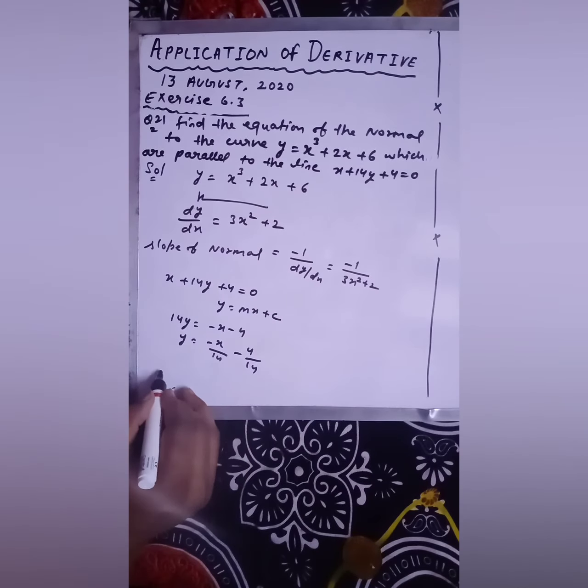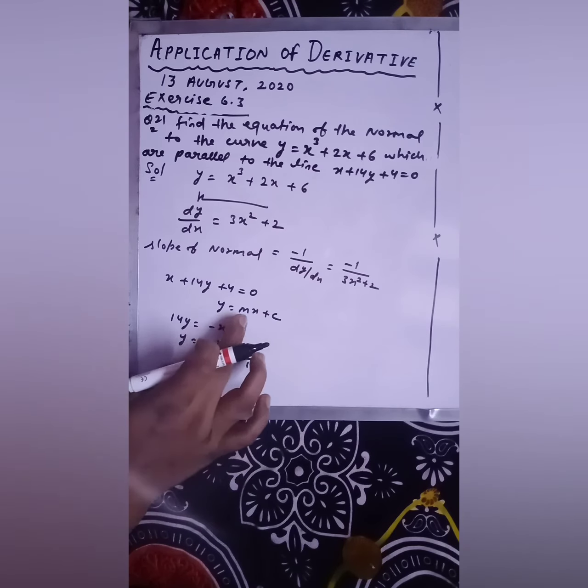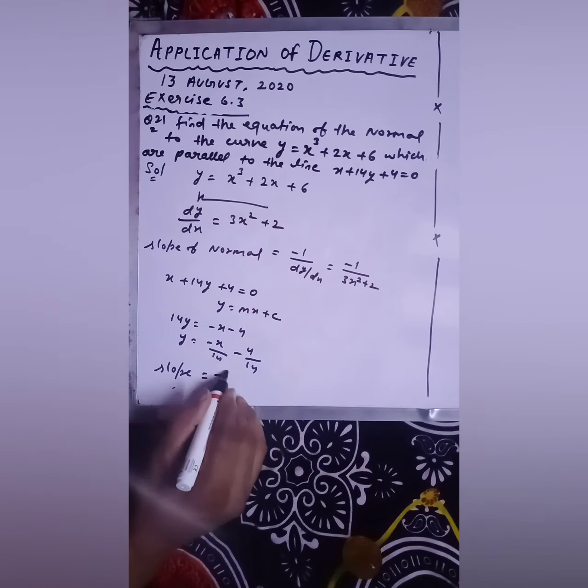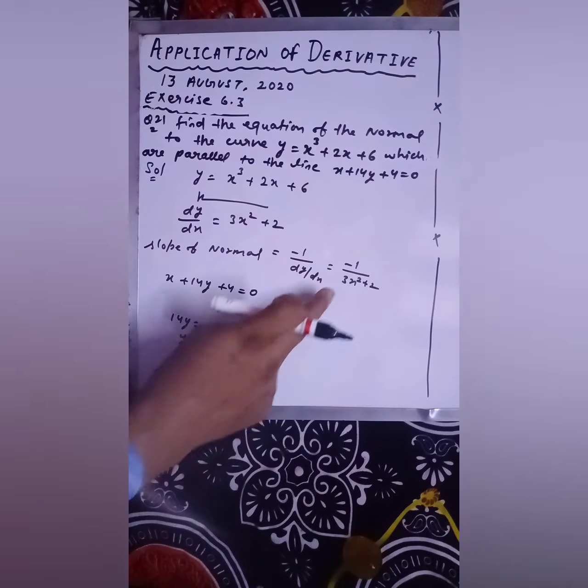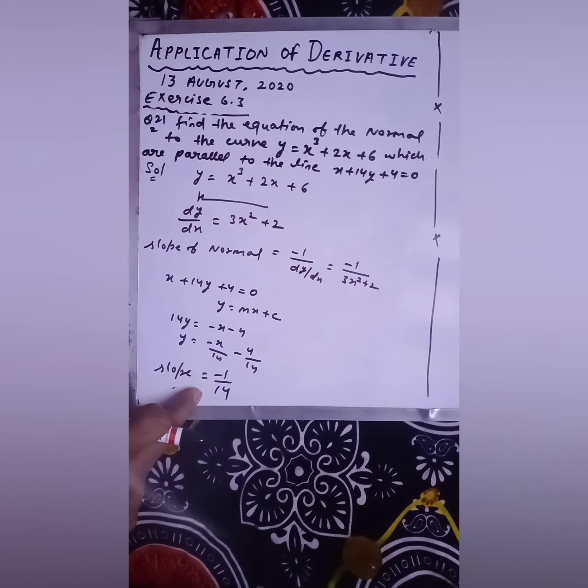If you compare this equation with y equals mx plus c, your slope m will be minus 1 upon 14.